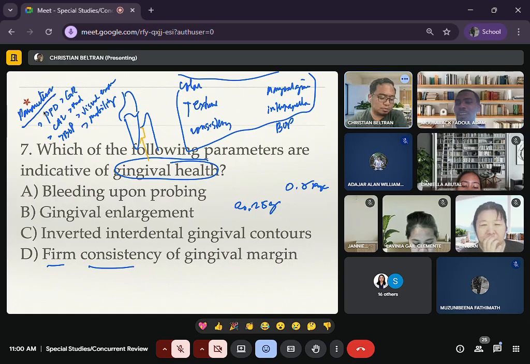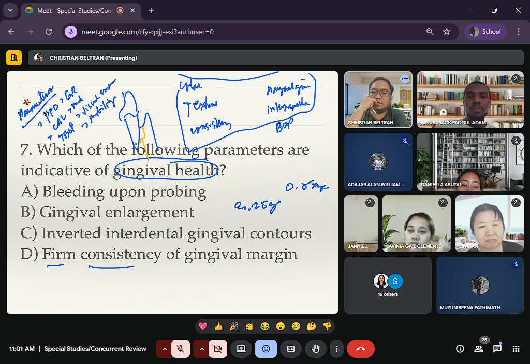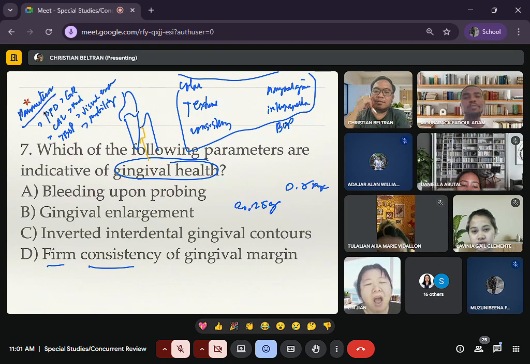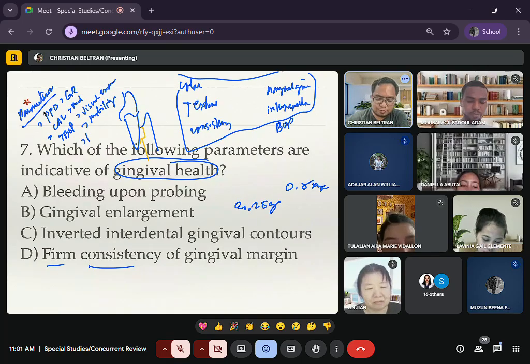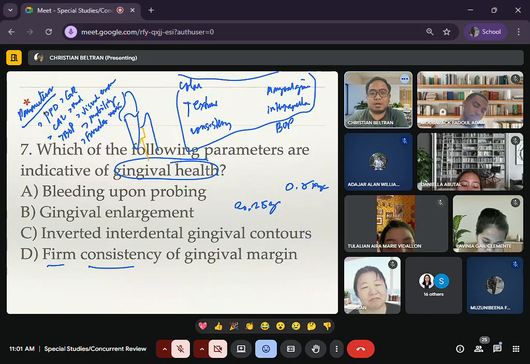This parameter is limited to the posterior. You use a special probe for this. Furcation involvement, very good. And what probe do you usually use for assessing the furcation involvement?